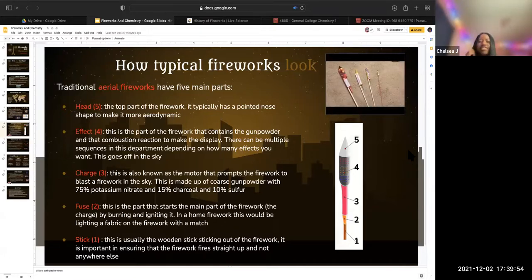All right, for today's video, we got the 4 different sizes of rockets.